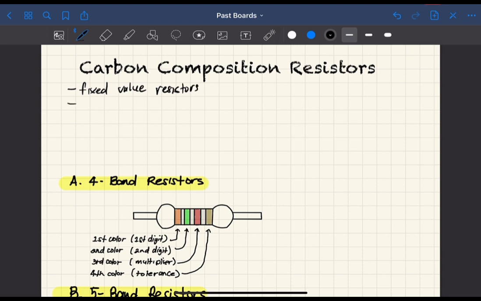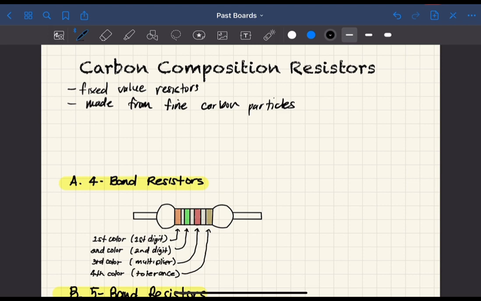And as the name implies, they are made from fine carbon particles, or sometimes graphite particles, and they are mixed with a binder material.